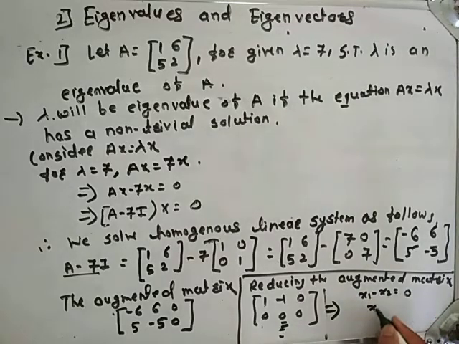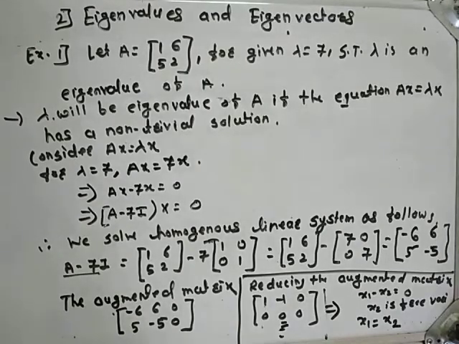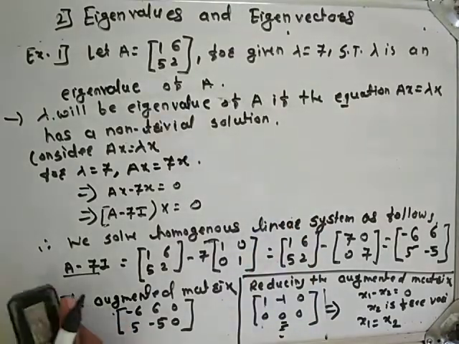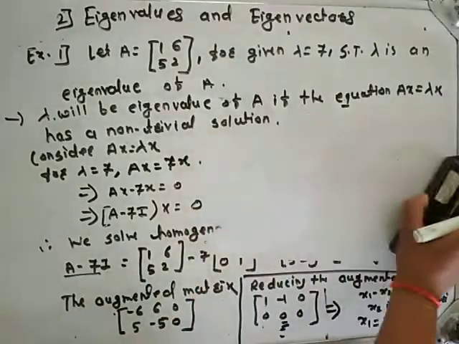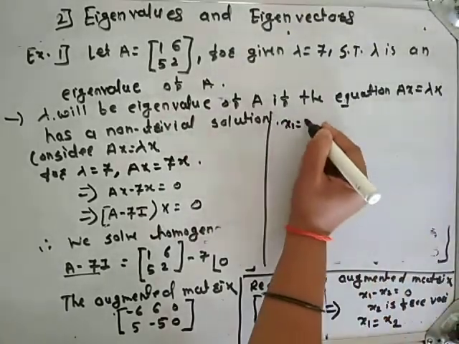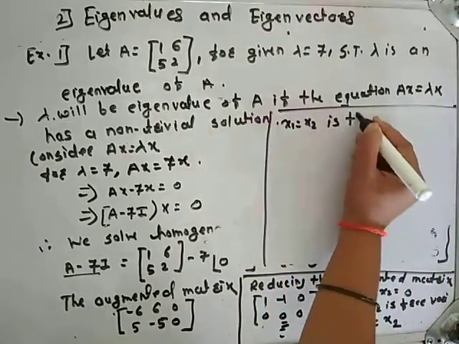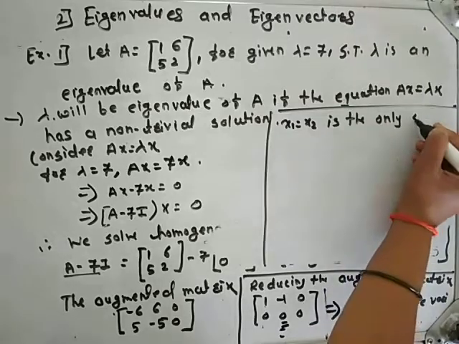But here x2 is a free variable, so we get x1 = x2. Okay, so x1 = x2 is the only condition.